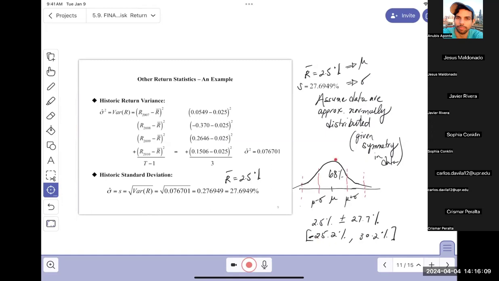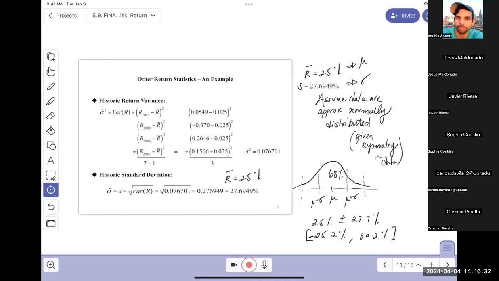Okay, so there's a 68% chance of the observations being between negative 25% and 30%. That's pretty bad, right?